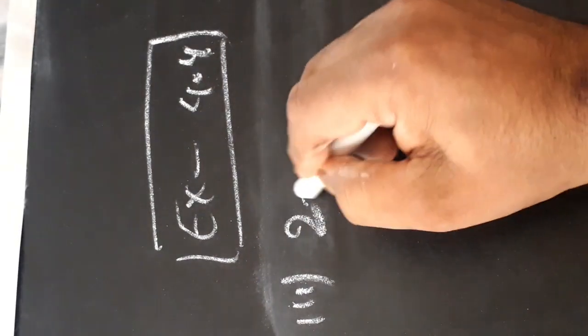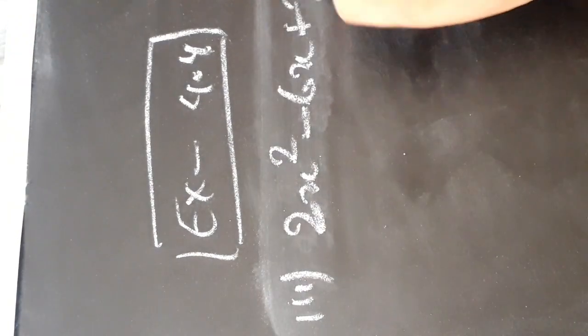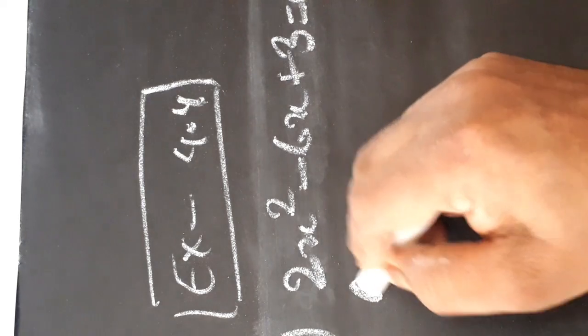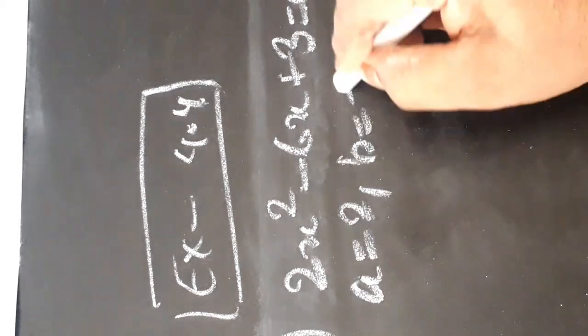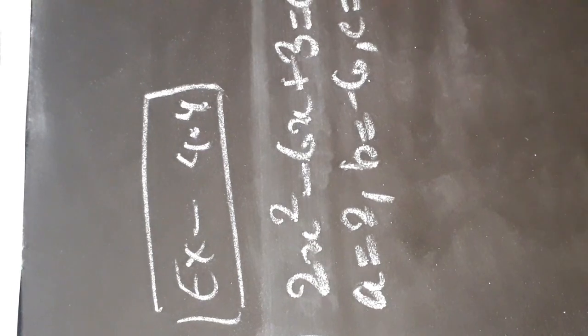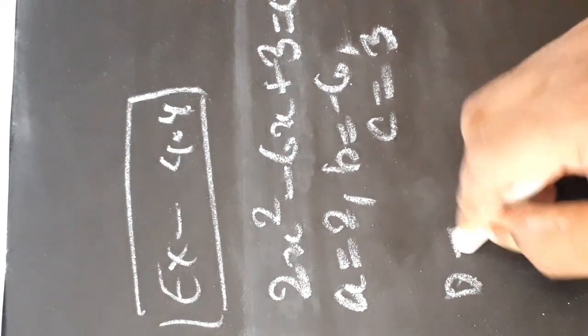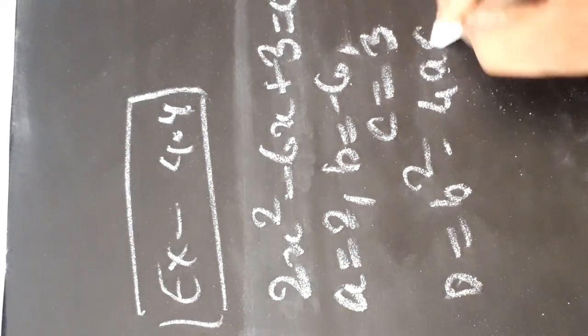We have the third equation as 2x² − 6x + 3 = 0. We have to find first D, then state the nature of the roots. If possible, we will find the roots. Here a = 2, b = −6 and c = 3. D is b² − 4ac.